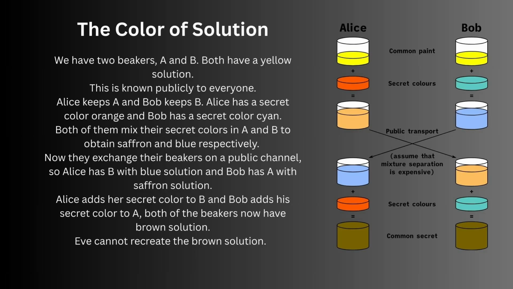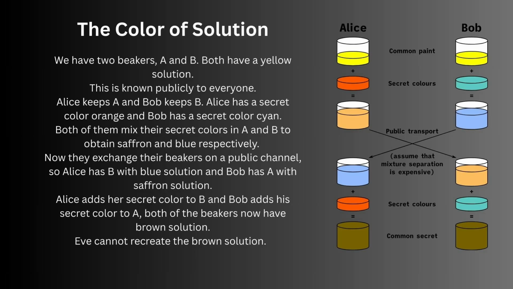Alice and Bob have some secret color solutions, which are orange and cyan respectively. They mix their secret colors into beakers A and B respectively to get orange and blue. They send these orange and blue solutions to each other on the public channel.